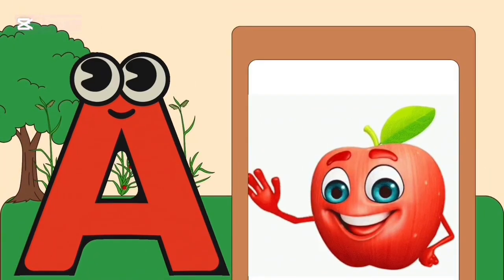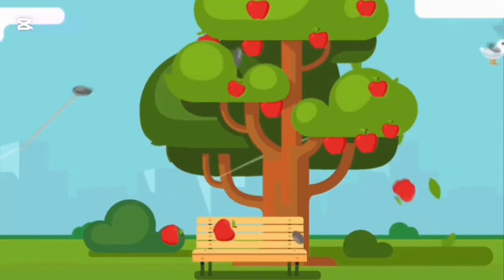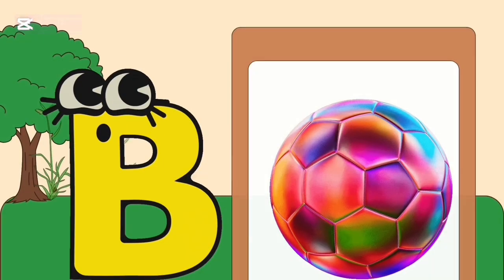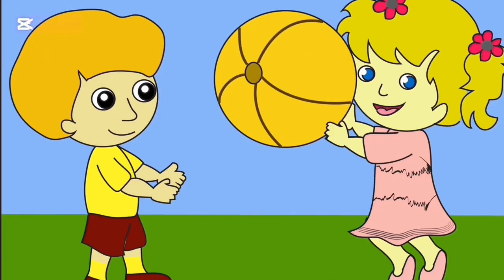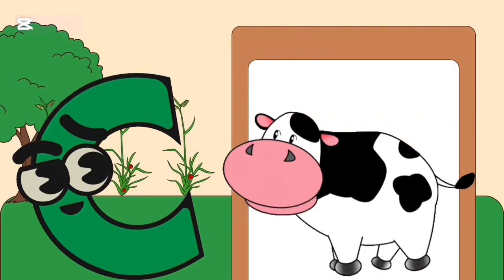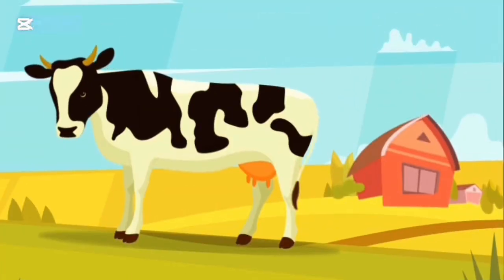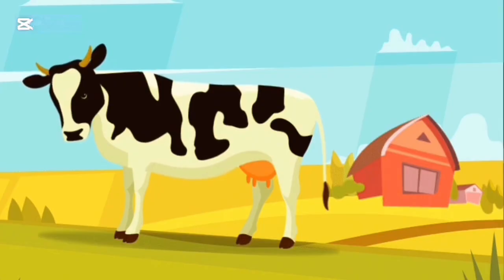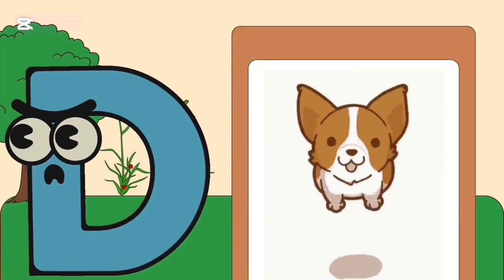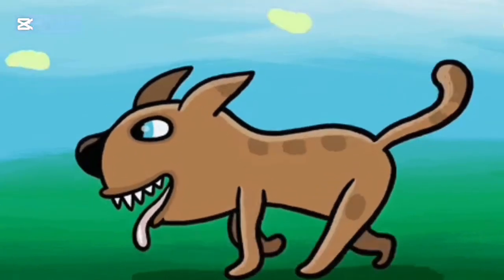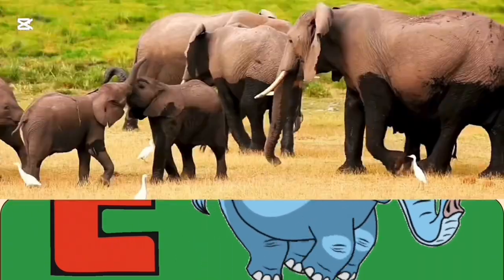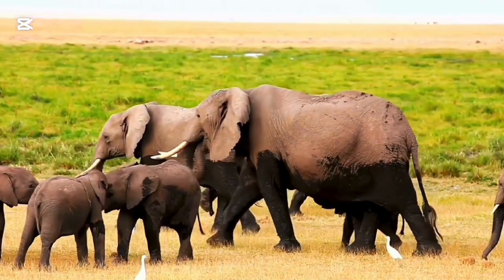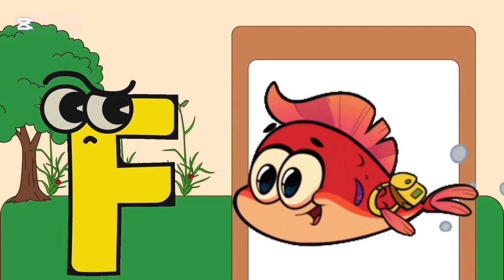A is for apple. Apple. B is for ball. Ball. C is for cow. Cow. D is for dog. Dog. E is for elephant. Elephant. F is for fish. Fish.